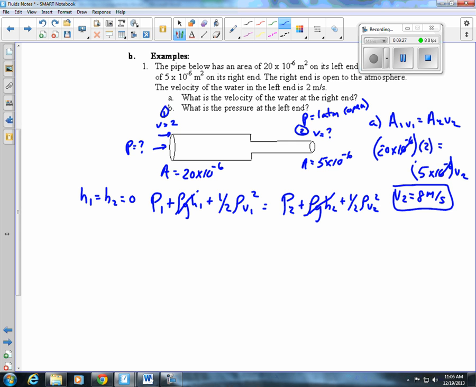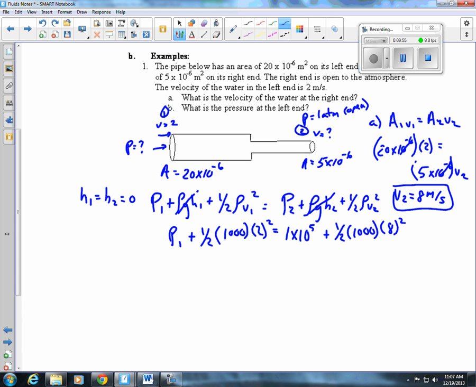So it simplifies it. Now, I'm looking for pressure 1 plus 1/2 the density, it's water flowing through there, so density is 1,000. We know that the velocity over here is 2, equals P2. The pressure on this side is 1 atmosphere. We have to remember it has to be in pascals, so 1 times 10 to the 5th pascals, plus 1/2, we have the density is 1,000, times the velocity at this end, which was 8.